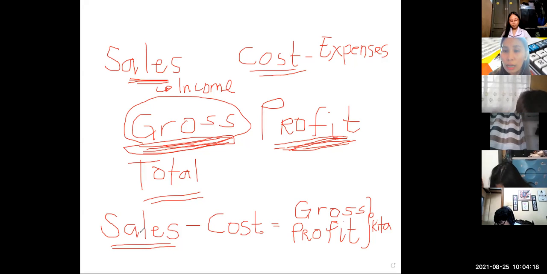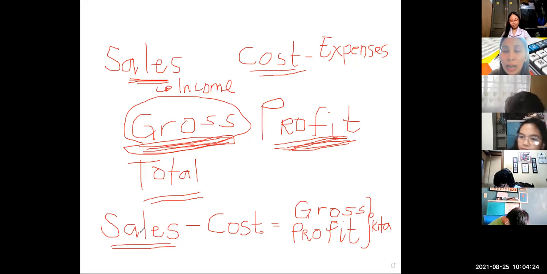Ganon din yung sa household, sa bahay natin. Yung earnings ni mommy and daddy, i-deduct natin yung lahat ng cost, mga bayarin, makikita nyo lang kung magkano yung total nilang kinikita out of working in their job.